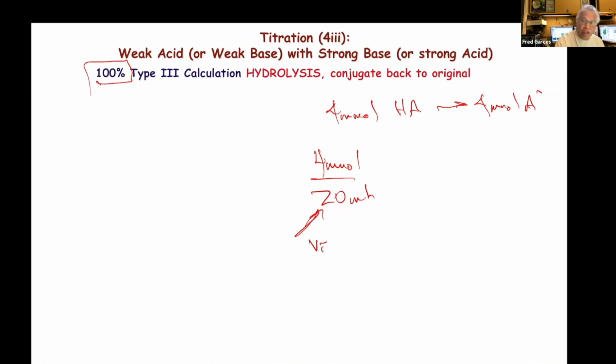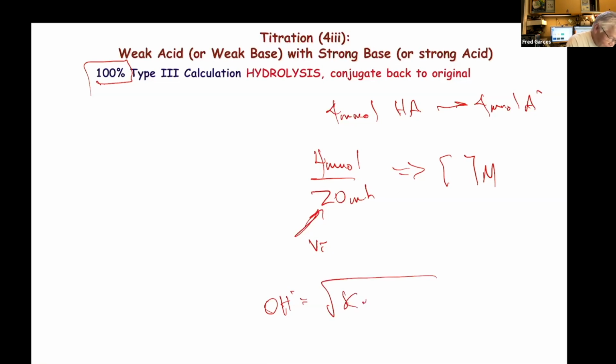You need the total volume here because you need to know the concentration in molarity. Once you have that, just do this: hydroxide ion concentration is equal to the square root of the Kb times this concentration right there.